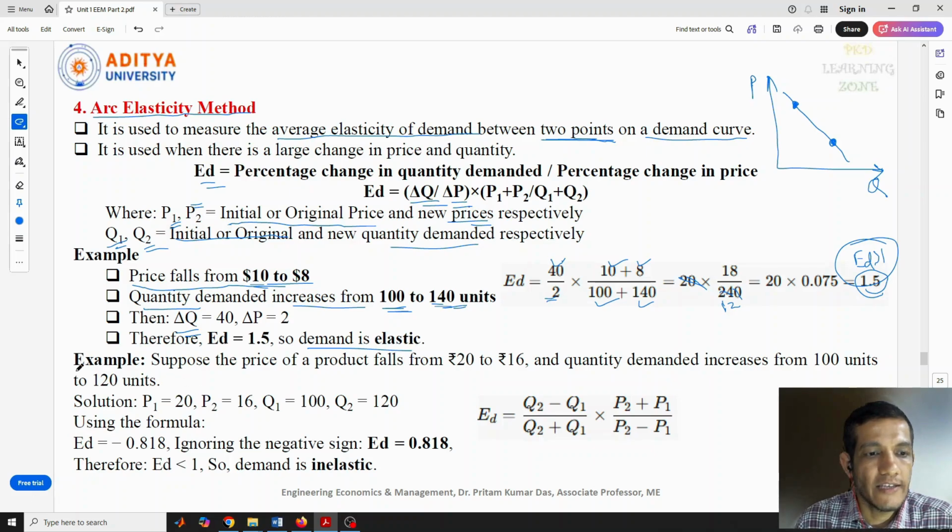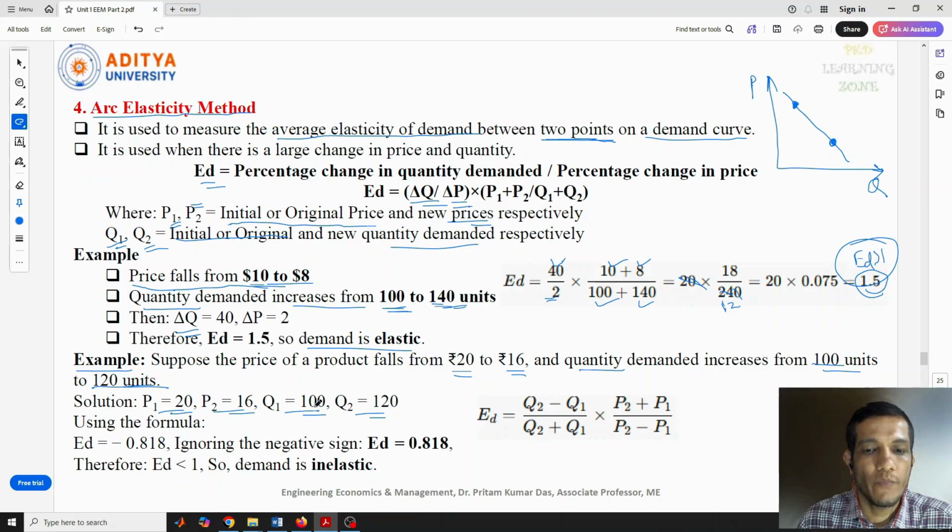The next example is, suppose the price of the product falls from 20 rupees to 16 rupees. Simultaneously, the quantity demanded increases from 100 units to 120 units. So here also a similar condition is there, and we are going to use the same thing. What is the initial price? 20, final price 16, initial quantity, final quantity.